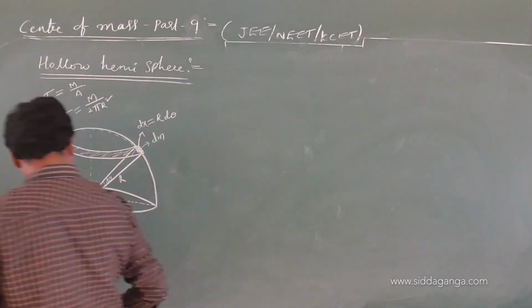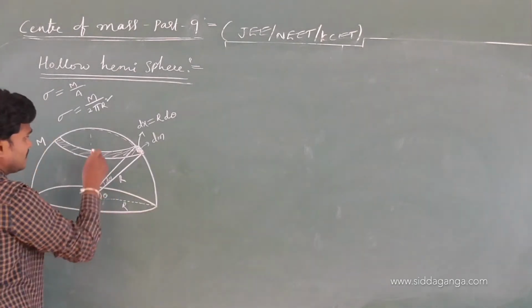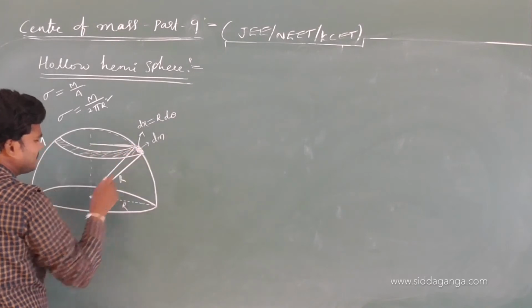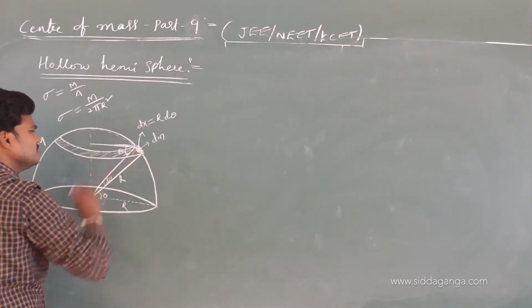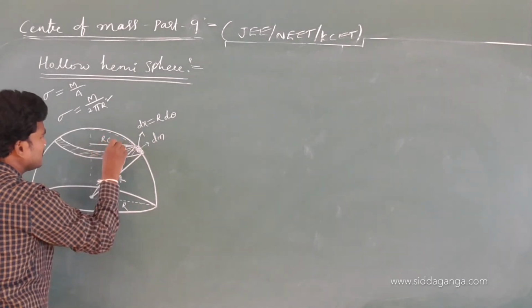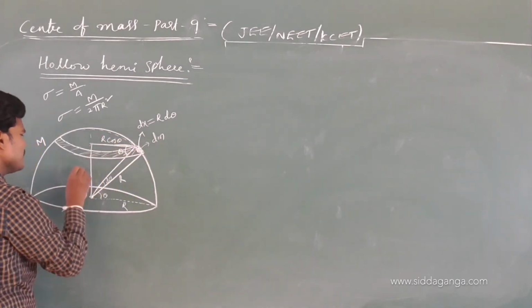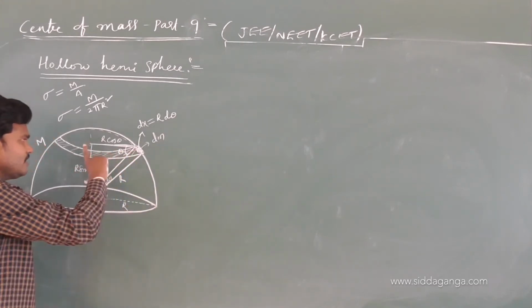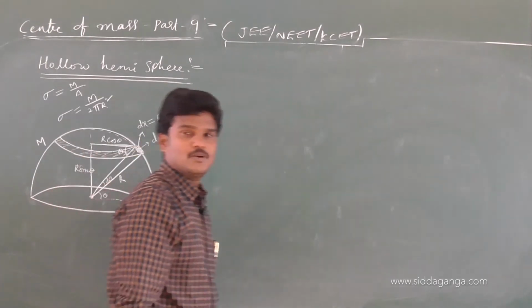Let us see what is the radius. If this is theta, this is also theta. Use geometry correctly. R, what is this component? R cos theta. What is this component? R sin theta. You got the components?